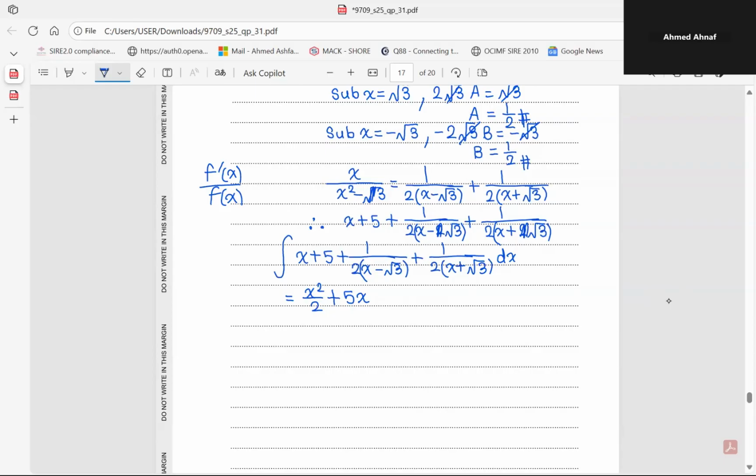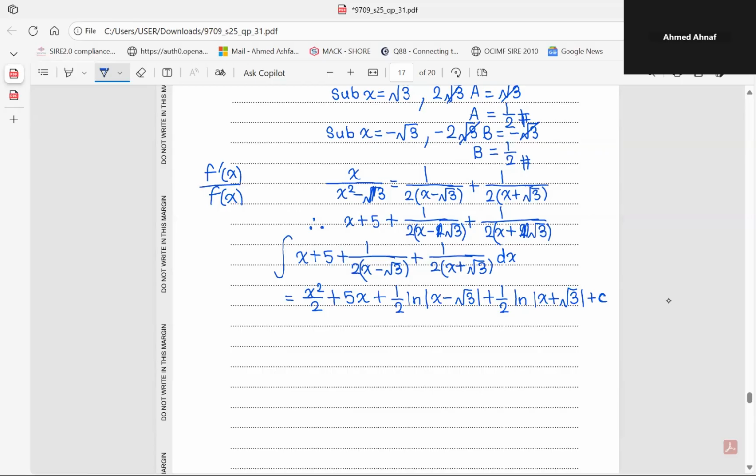And that is in the form of f prime x over f x because f x is x minus square root 3. So f prime x would just be 1. So hence our answer here is just half ln of (x minus square root 3). Same for the second one, it would be half ln of (x plus square root 3) plus c.